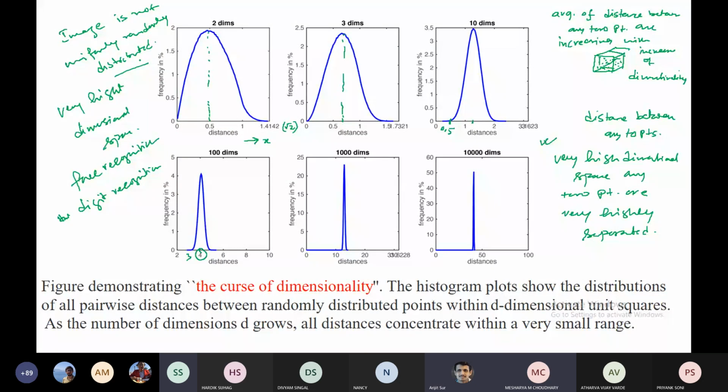What do we mean by PCA? I will come to PCA in this course.